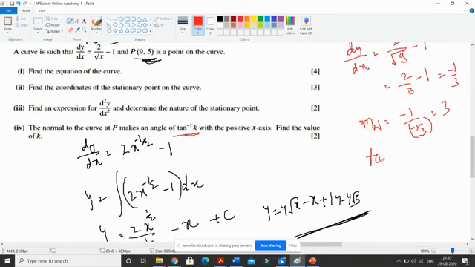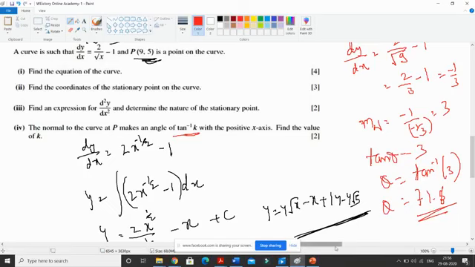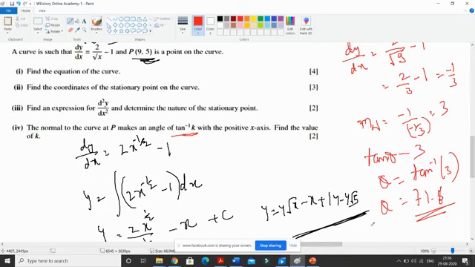So tan theta is equal to 3. So theta is tan inverse 3. So just need to substitute tan inverse 3, which is 71.56, 71.6 degrees to three significant figures. So k value is 71.6.